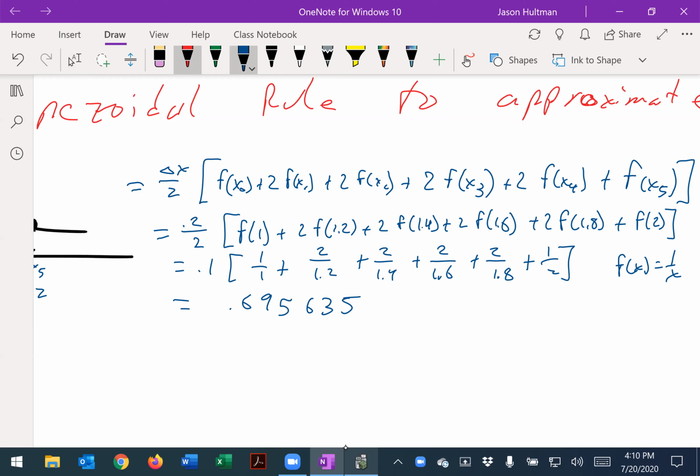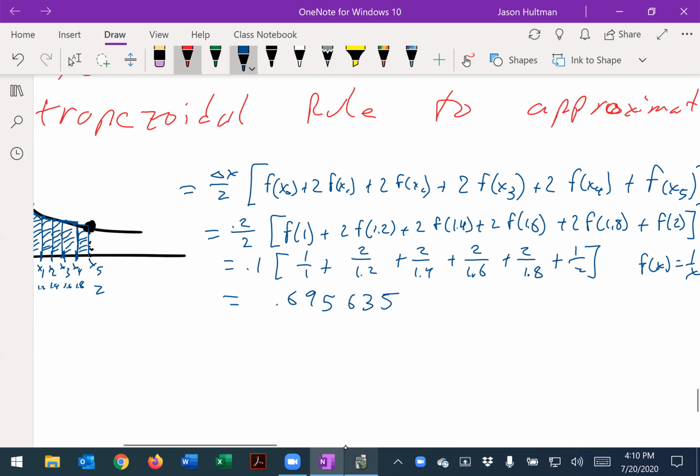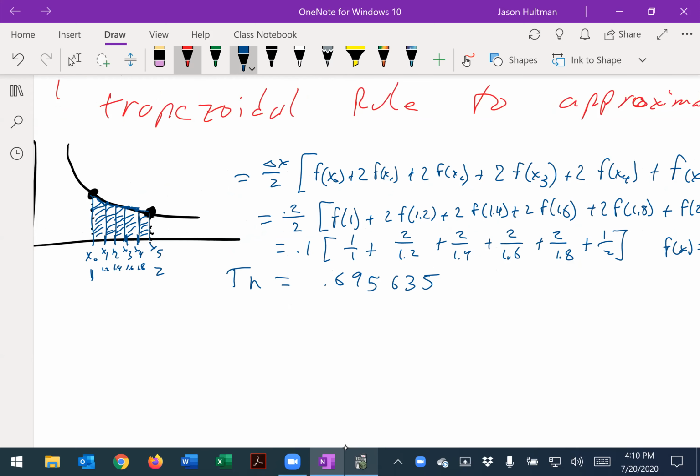So this is the trapezoidal rule, t sub 5, which is equal to this. And m sub 5, what was m sub 5? M sub 5 was 0.691908.